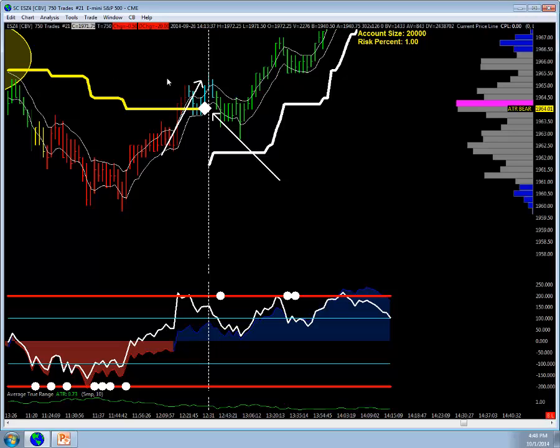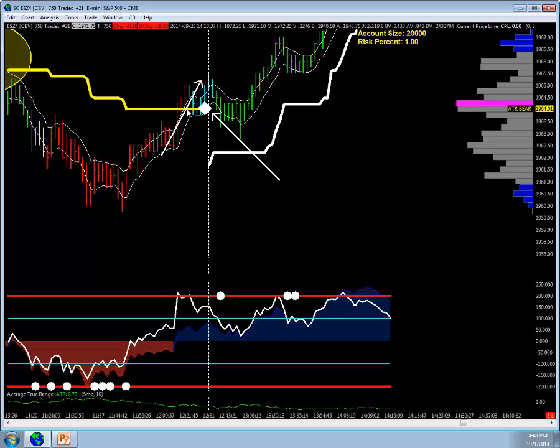But the concept here is exactly the same whether you're using a range chart or a tick chart, or for that matter, even a Renko chart, though I'm not a big fan of Renko charts. The question we want to answer is simple. I want to know that there's enough energy in price moving up through that 4 times the average true range.